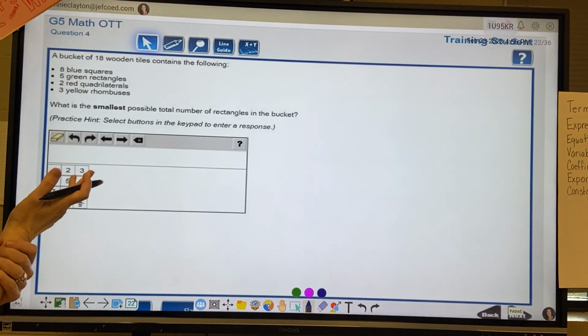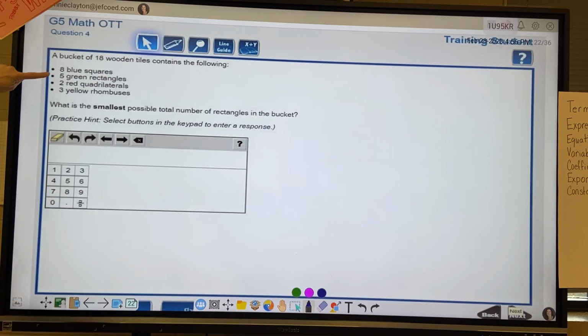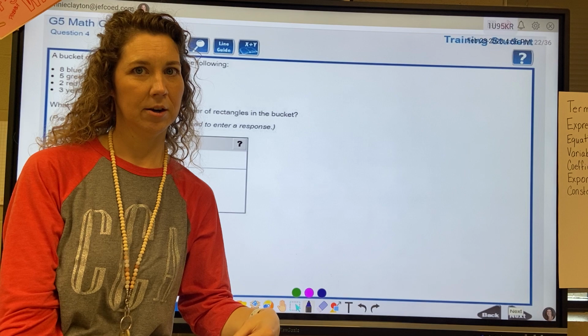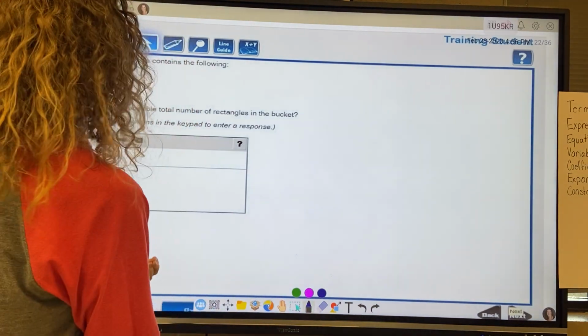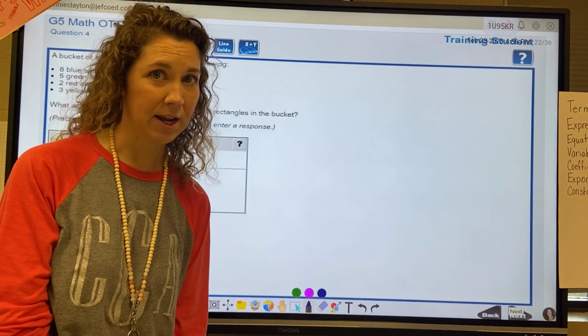A bucket of 18 wooden tiles contains the following: 8 blue squares, 5 green rectangles, 2 red quadrilaterals, 3 yellow rhombuses. What is the smallest possible number of rectangles in the bucket? So we've got to remember what rectangles are. A rectangle is a rectangle, but a square is also a rectangle.